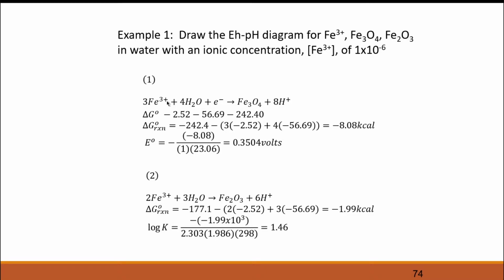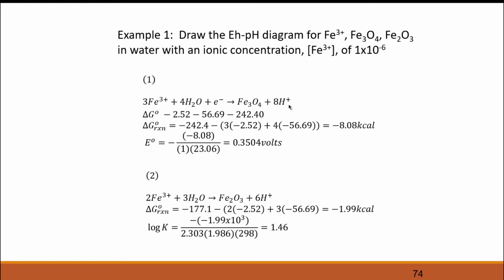So that's Fe3 plus reducing into Fe3O4, and let's try to compute for the delta G. So this is products minus reactants. 8H plus here has a delta G of formation equal to 0 because this is the stable form of hydrogen in aqueous solution.